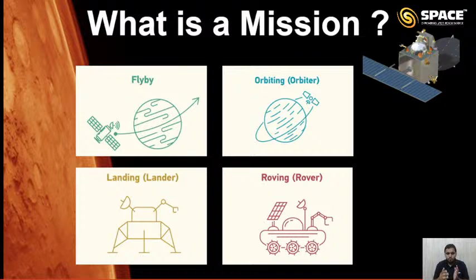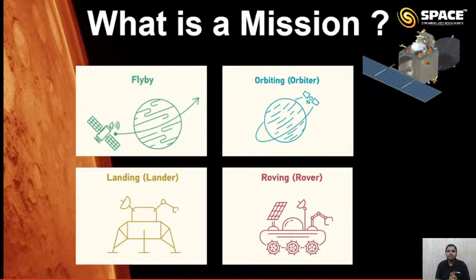Next, we move a step further, that is the lander. We send a machine that lands onto that celestial body and does some experiments over there, with the help of robotic arms or anything, though not necessarily robotic arms. The last one is the rover, the most advanced one, where the machine can move from one place to another. So there are four different types of missions: flyby, orbiter, lander, and rover.